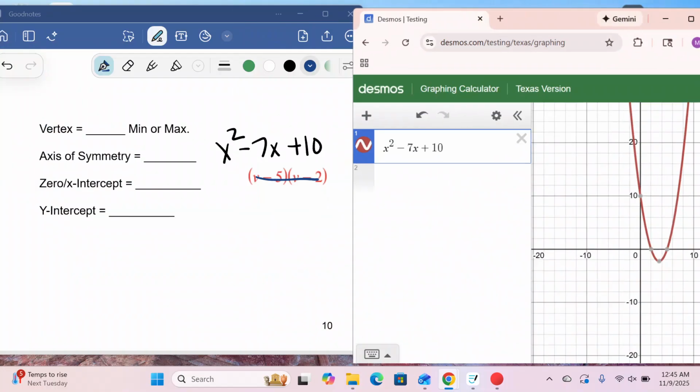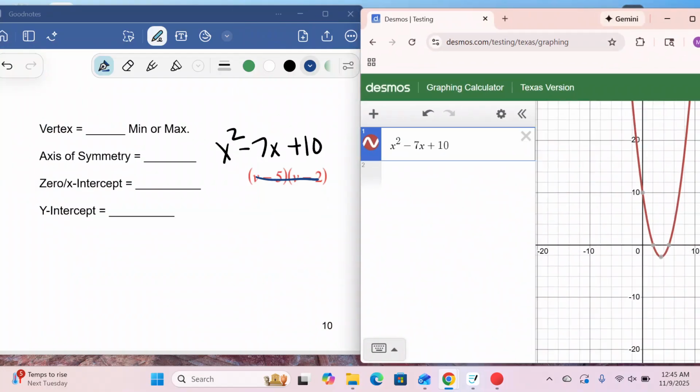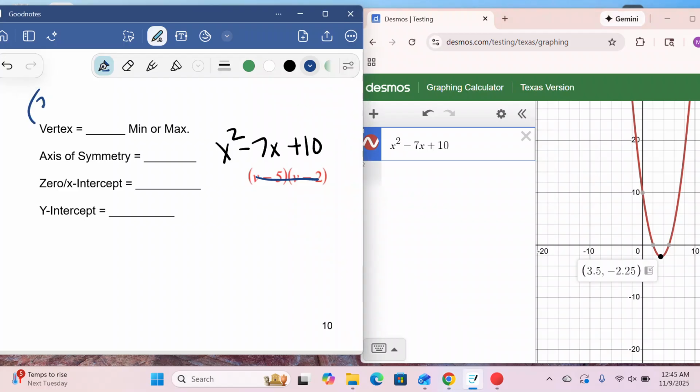Let me split the screen, and I'm going to answer some of the questions we have been posed. The first question is, what is the vertex? We already know the vertex: it is 3.5 comma negative 2.25. All of it is done by Desmos for us. Is it a minimum or a maximum?